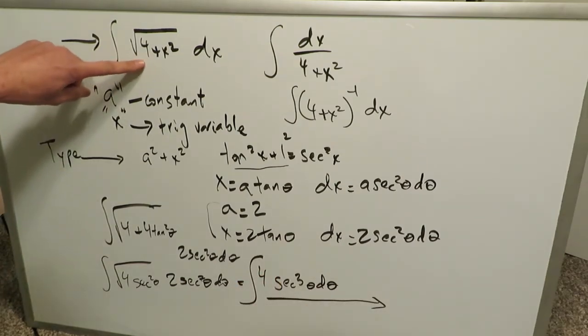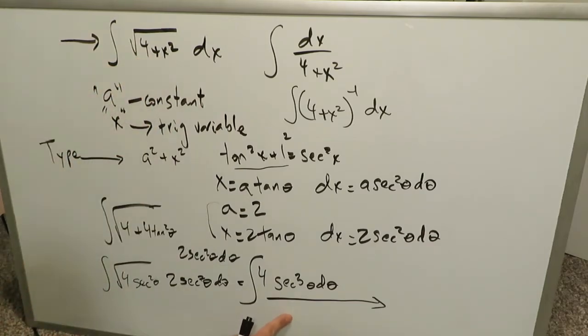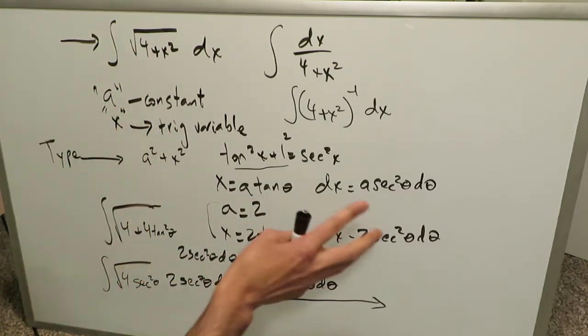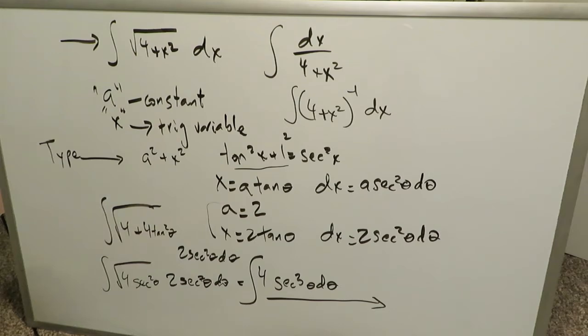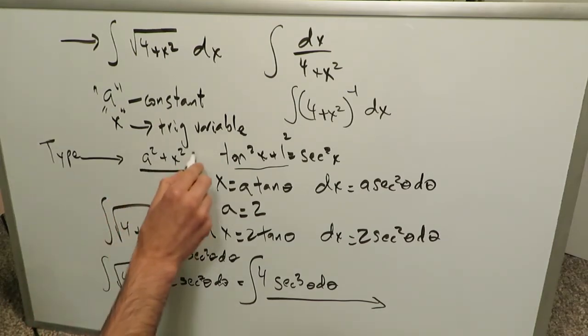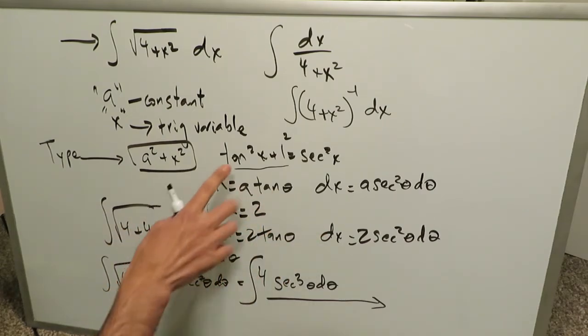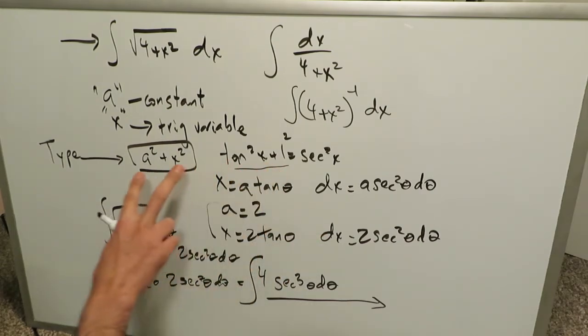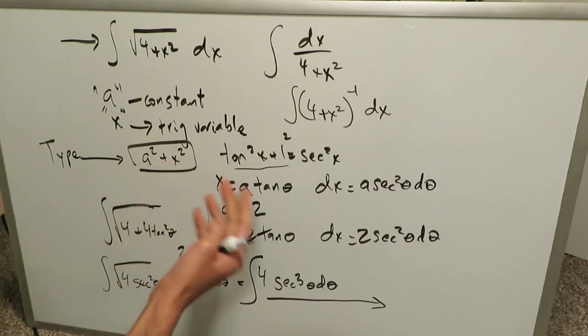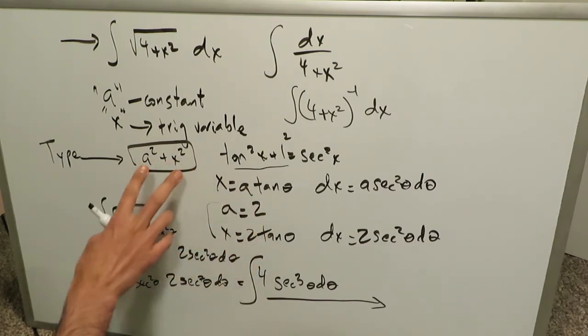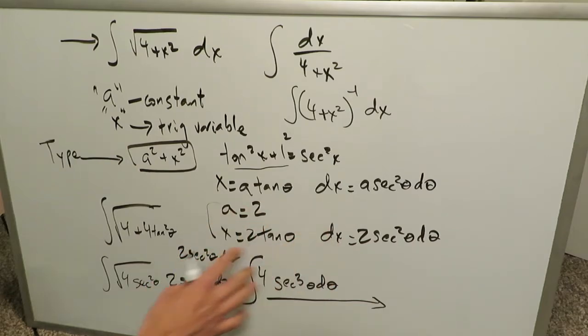So this has now been transformed into this by means of this trigonometric substitution procedure, and you recognizing this type. So anytime you're seeing an a squared plus x squared form, you're thinking of these substitutions over here. Remember, a squared minus x squared was bringing in the sine and the cosine. Well, a squared plus x squared is bringing you this set of substitutions, which will allow you to make these transformations to your original expression.